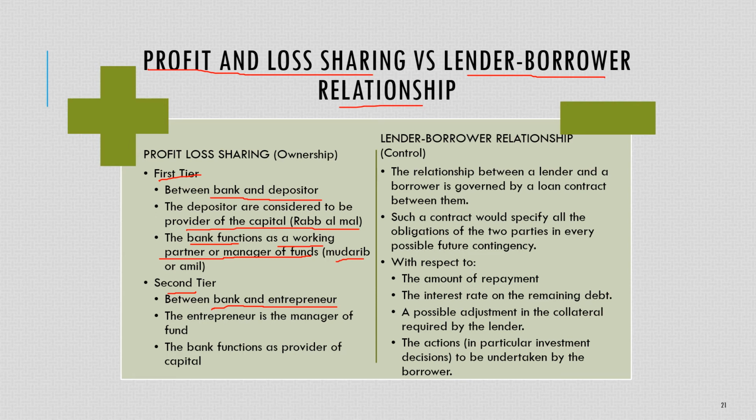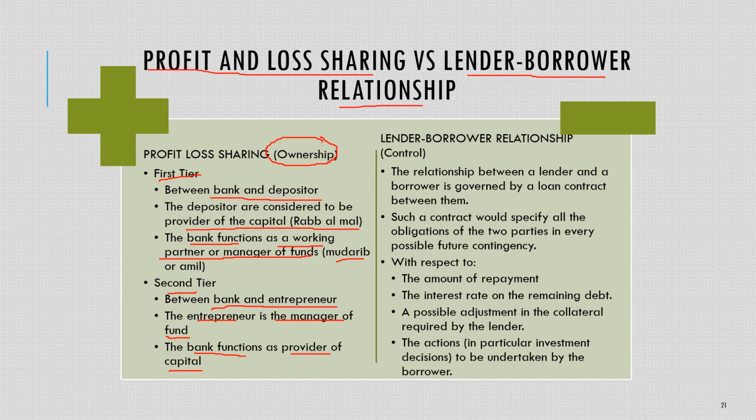Tapi kalau untuk second tier, the entrepreneur is the manager of the fund, but the bank functions as a provider of the capital. So this is profit sharing we consider as ownership. Sebab first tier between bank and depositor, depositor is provider of the capital in the bank.